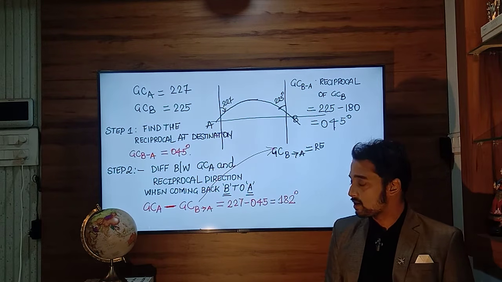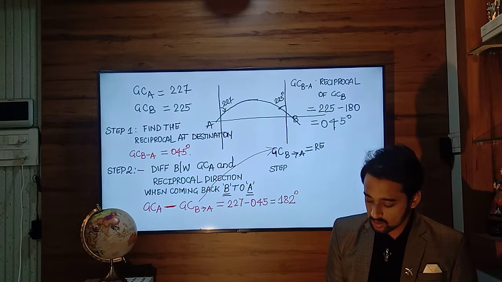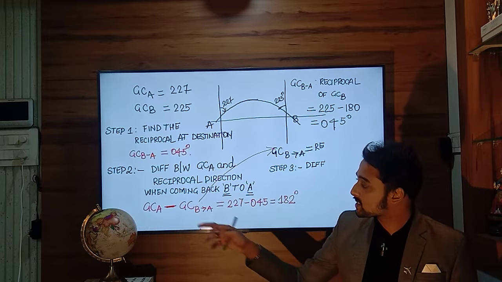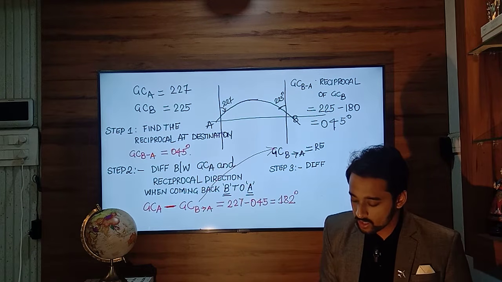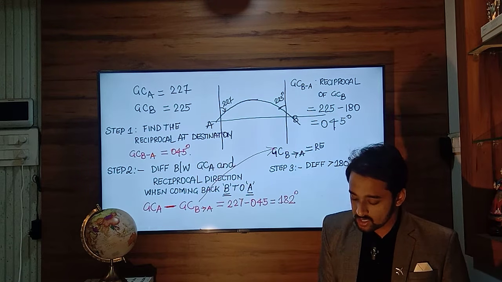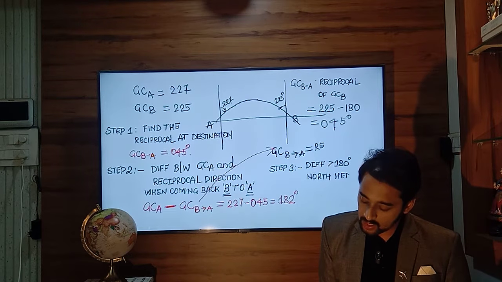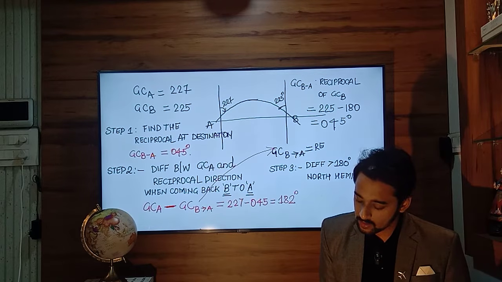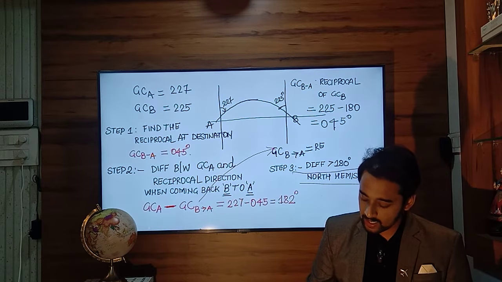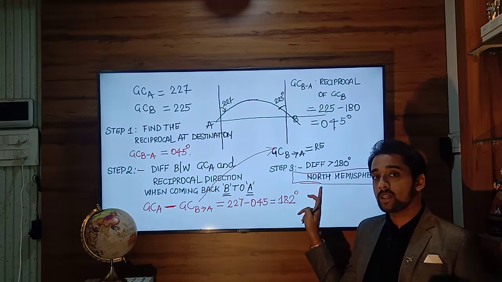Step 3 is the final answer. If the difference between the great circle at A and the great circle from B to A is more than 180 degrees, then the hemisphere is the northern hemisphere.